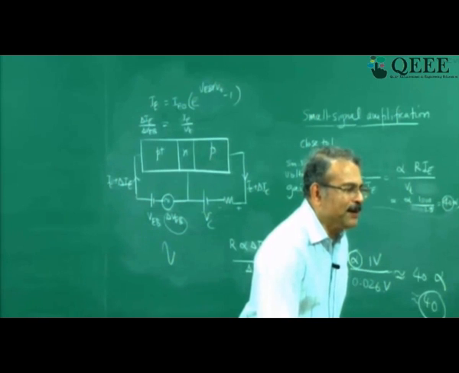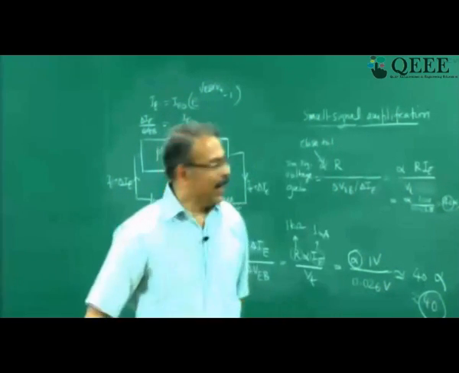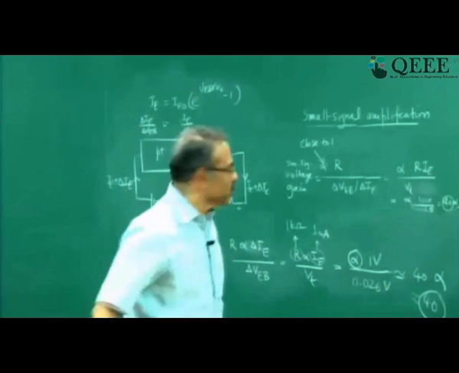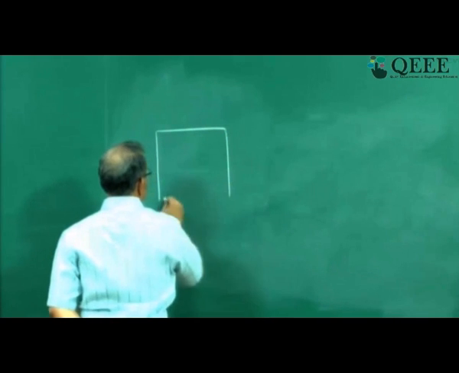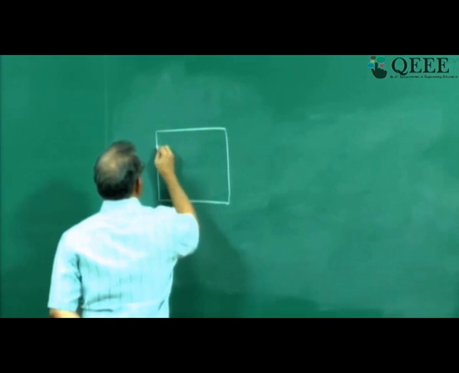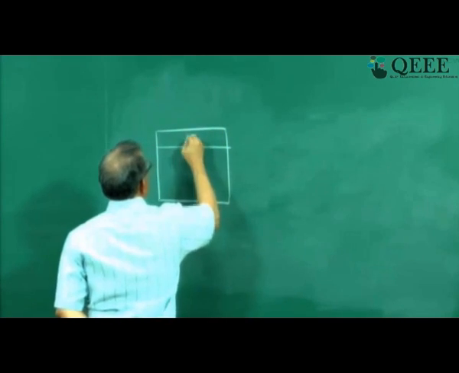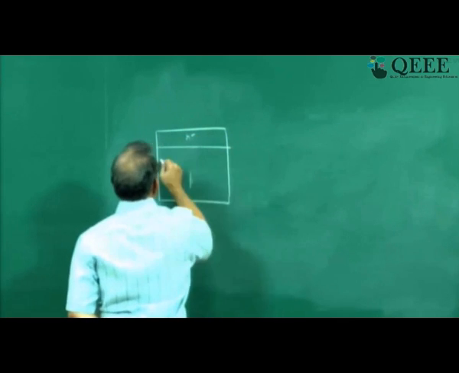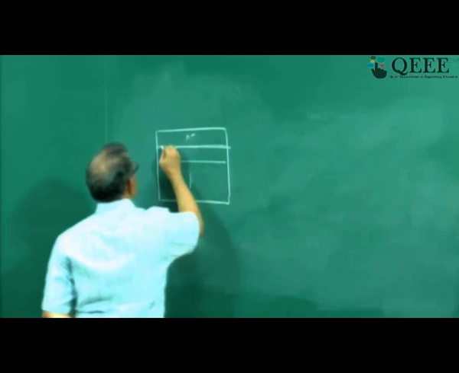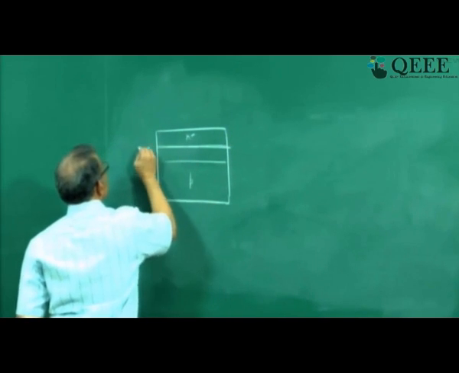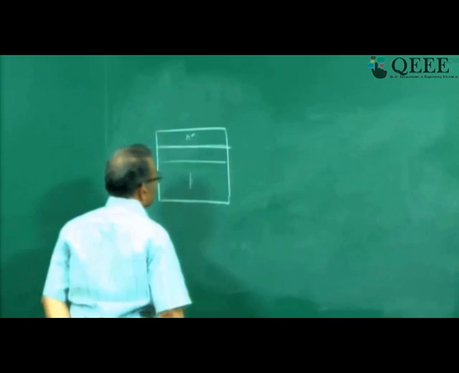Because the potential drop between N and P, the built-in potential, should be the same. And now, let me show that on the board. So this is an N plus P junction and you have a built-in potential like this. This is psi naught, let us say.